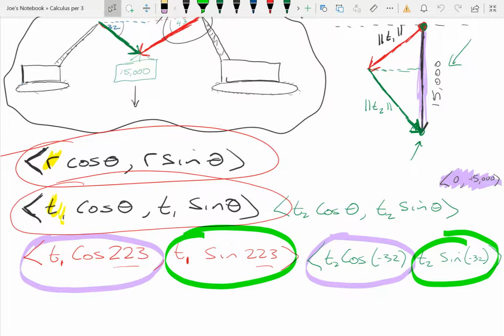So this means in cable 1, in tension 1, there's 13,169 pounds of pressure in that cable. And in the second cable, there's 11,357 pounds. So for you to pull a 15,000 pound object up, you need about 24,500 pounds of pressure in total in both cables.